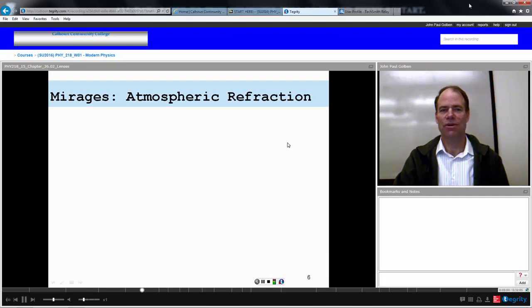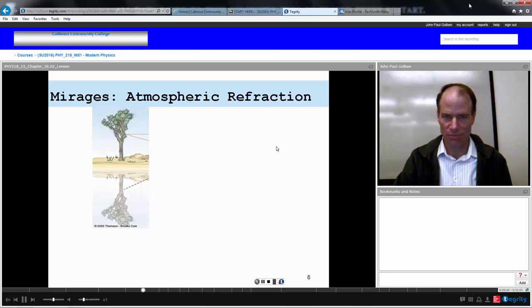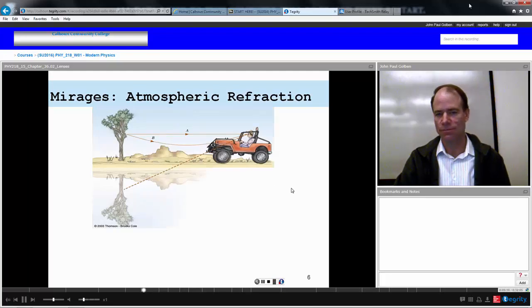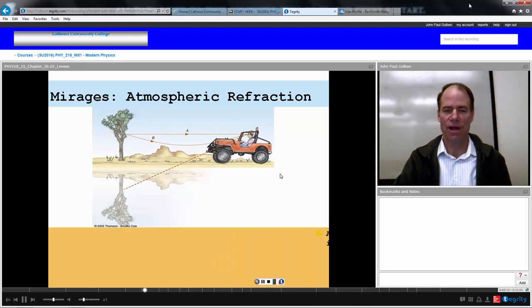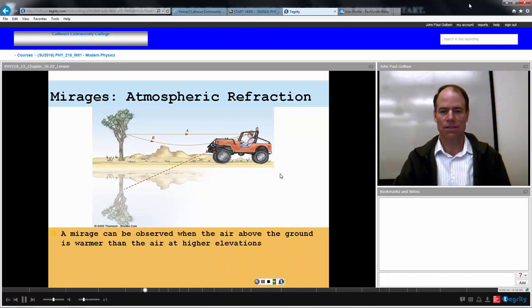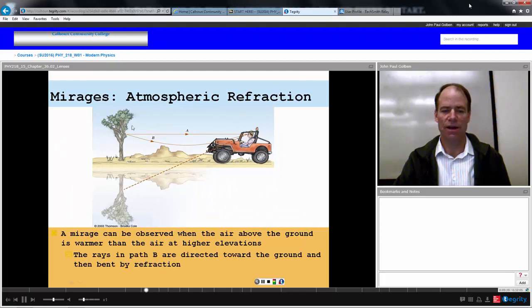A similar type of refractive event is the mirage. Because the air is hotter near the surface of the ground, there will be a different index of refraction for the heated air.